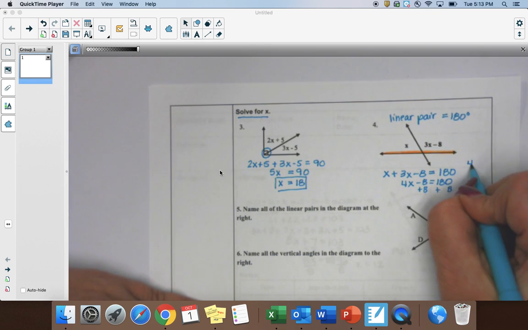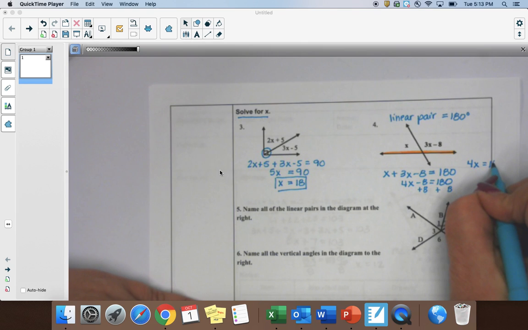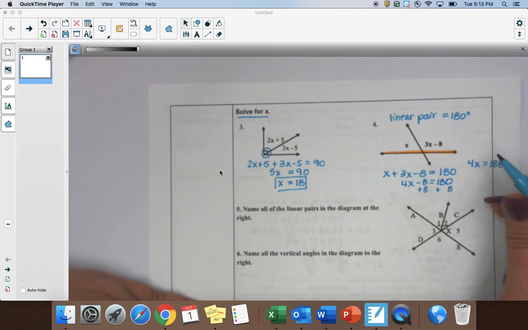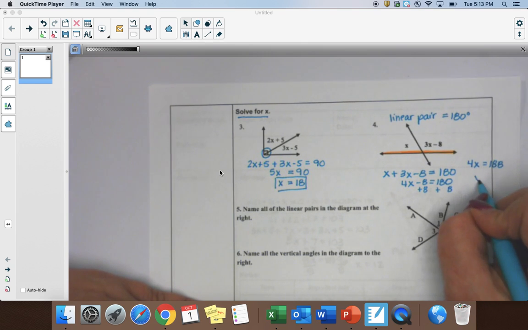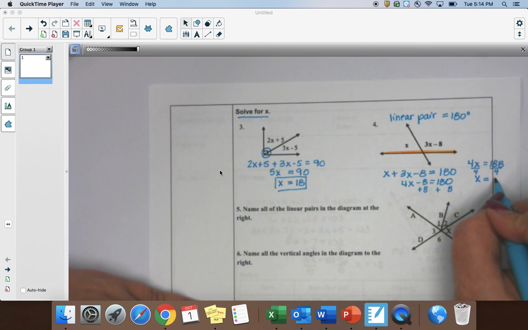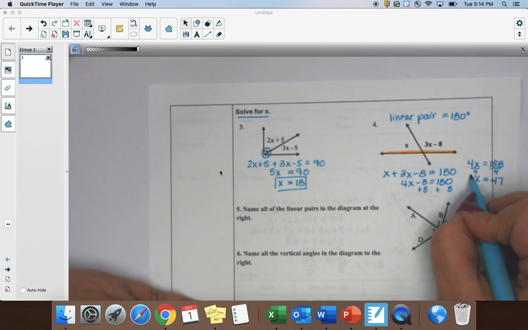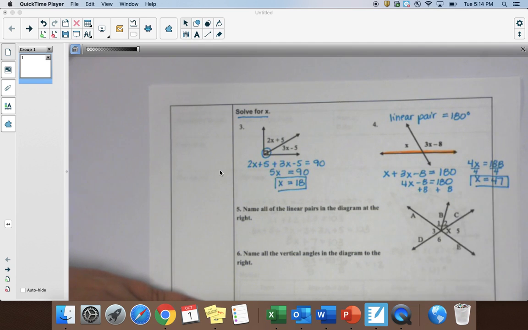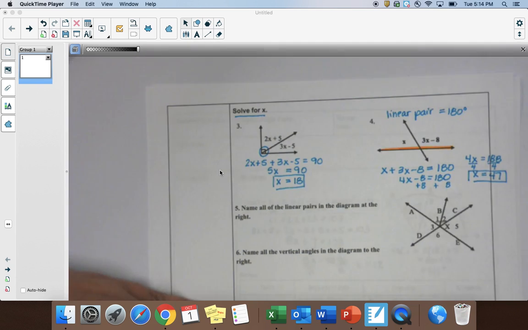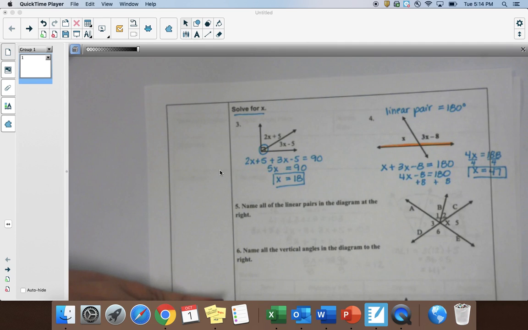Come over here. 4x is equal to 188, and x is equal to, divide both sides by 4, x is equal to 47. And since that's all I asked for, you can stop there. If I wanted, I could go back up and ask for the measurements of these angles.